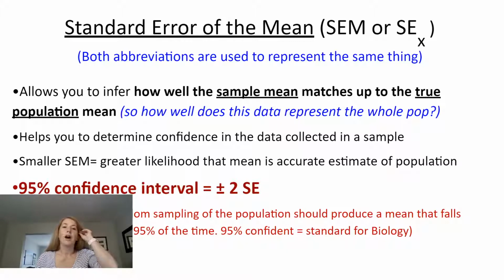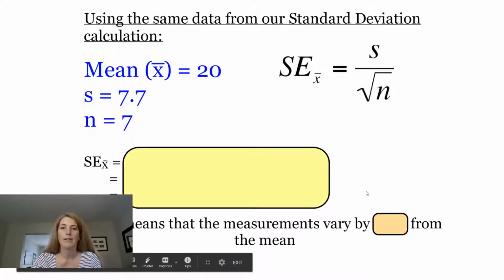We want to have confidence at 95% that where we think the average is is within at least 2 standard deviations of it. So of all this data I've collected, 95% of my data is within 2 standard deviations. I want to have confidence that the mean is actually within those values. And that's what standard error of the mean is going to tell me.